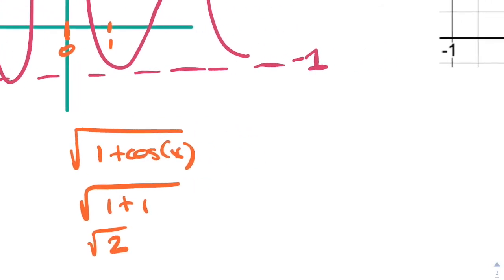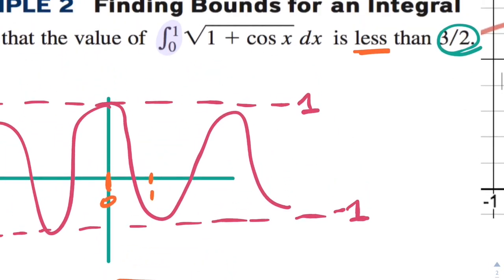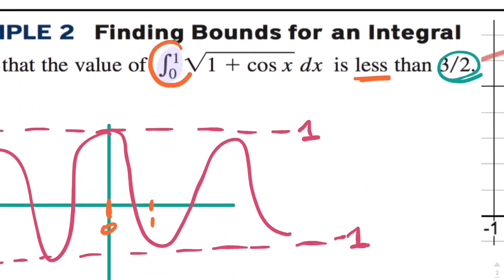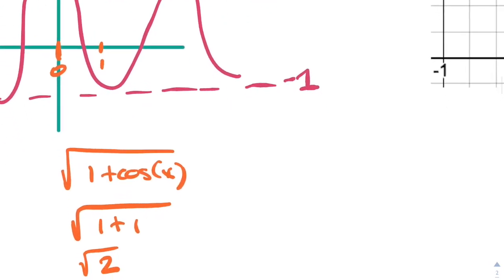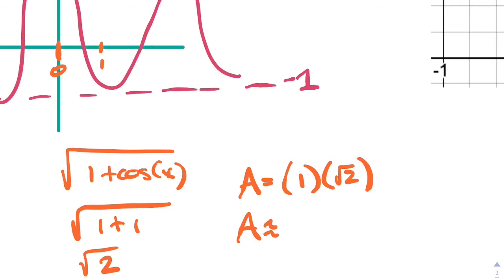We have the square root of 2 high, and we have 1 wide. So in this case, area at its max would be width times height. So area is approximately, the square root of 2 is, let me see on my calculator, 1.4.